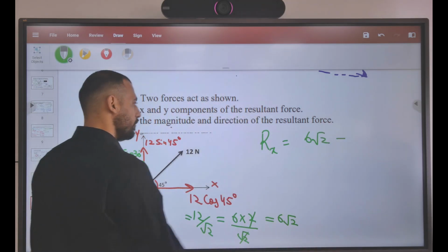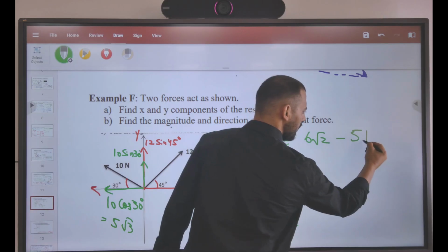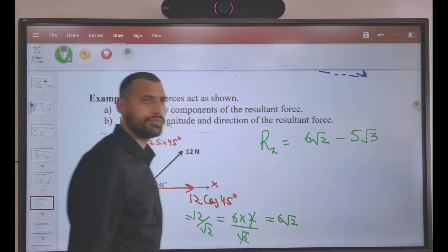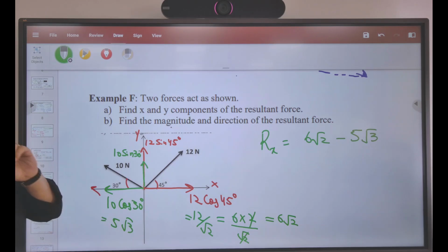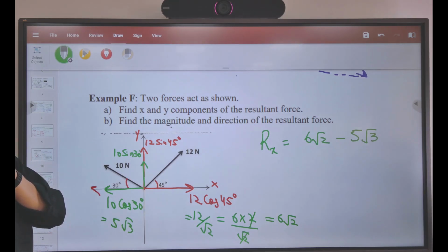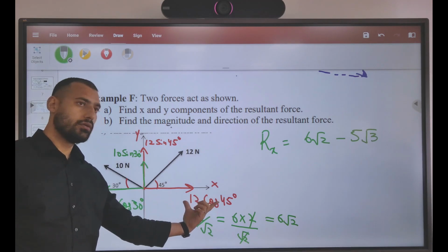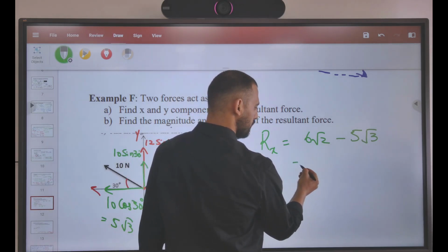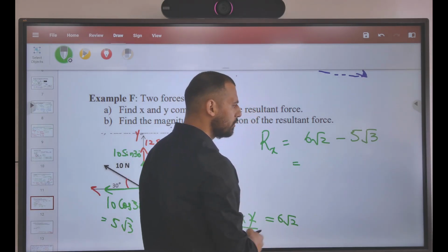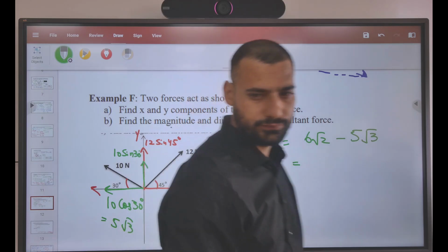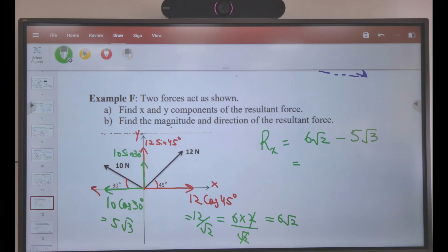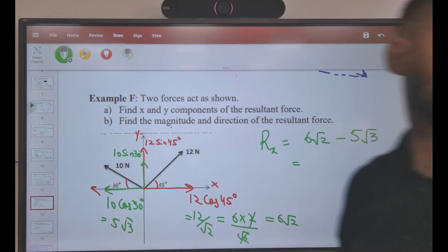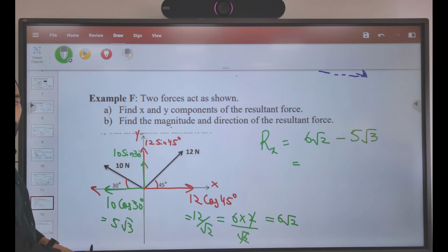So the net will be 6 root 2 minus 5 root 3, right? Is that fine? What is the value? 6 root 2 is about 8.6. Is 5 root 3 bigger?